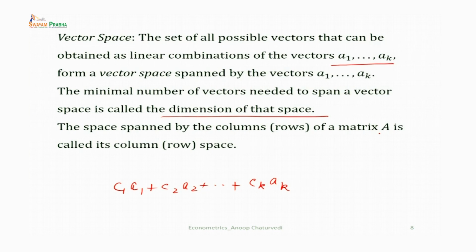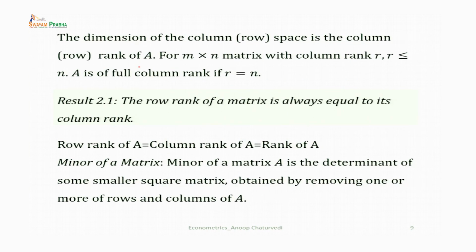Now, suppose you have a matrix A. Then the space spanned by the columns of matrix A is called the column space of A, and the space spanned by the rows of matrix A is called the row space of A. Then the dimension of the column space is called the column rank of A. Similarly, you may define the row rank of A, which is the dimension of the row space of A. Suppose you have an m cross n matrix which has column rank R, then obviously R is less than or equal to n, and if R is equal to n, then we say that A is of full column rank.